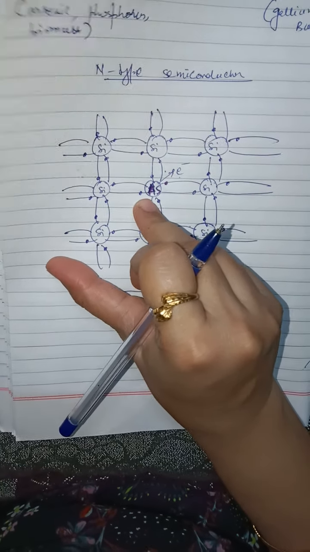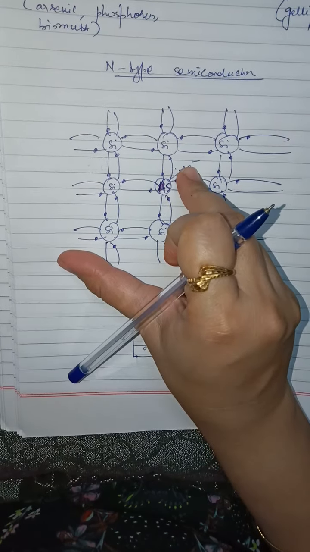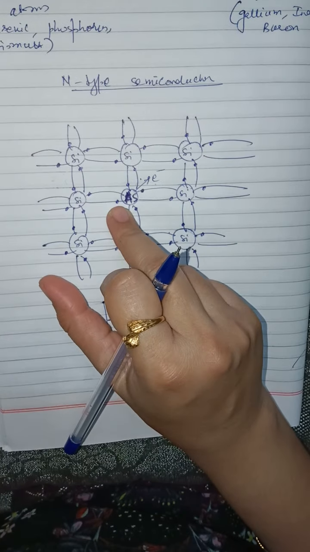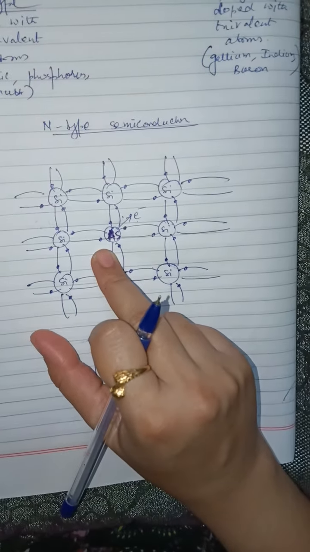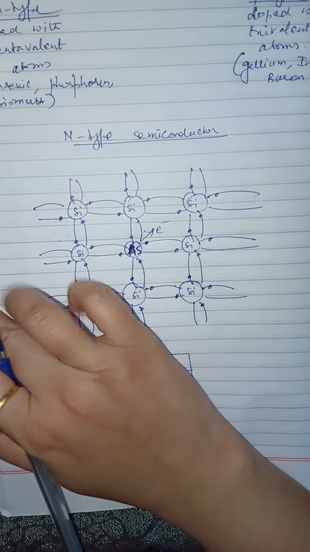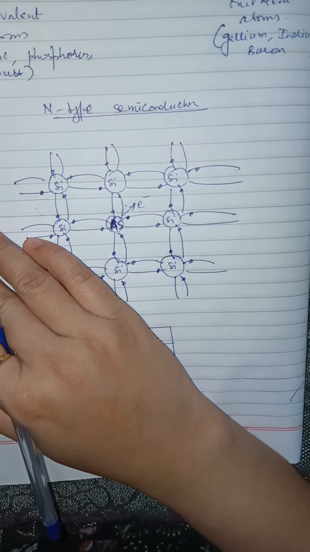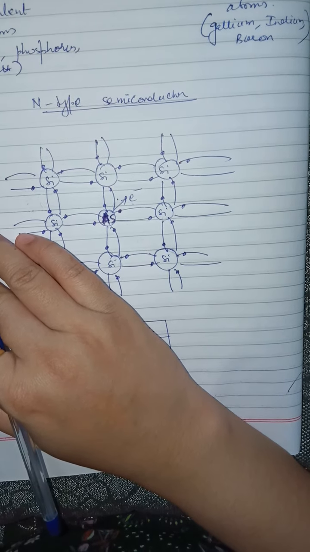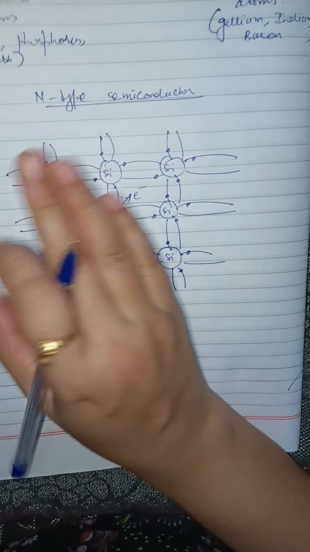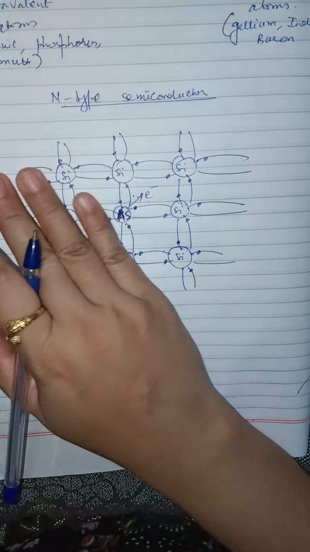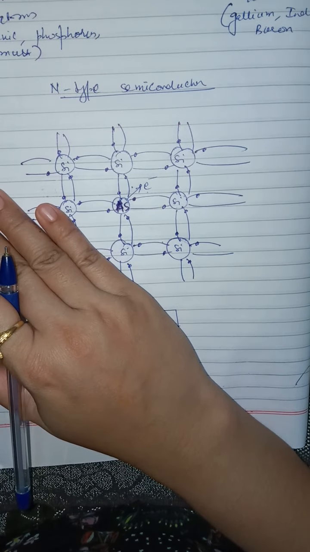And when the arsenic atom loses this 5th electron, the arsenic atom itself becomes ionized, positively charged in this case. Now the electron is negatively charged, and the arsenic atom becomes positively charged. So on the whole, this N-type semiconductor remains electrically neutral.